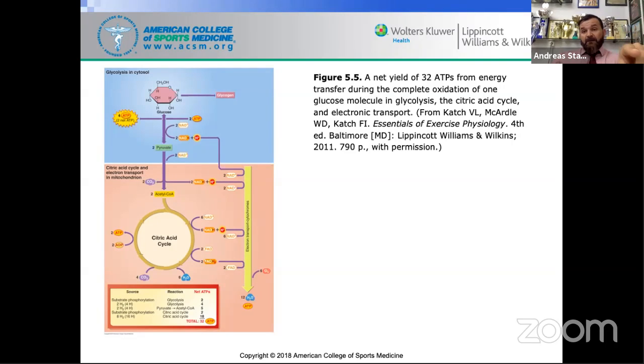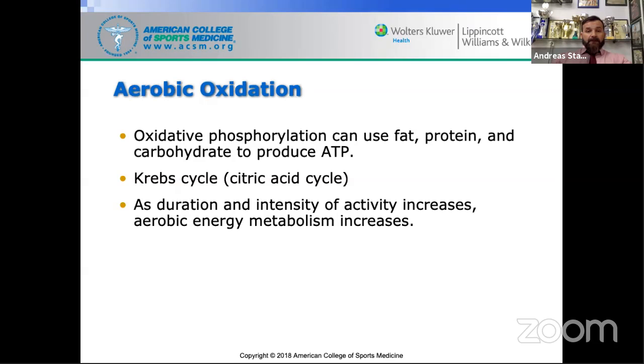This is our last option, and we use that if the duration is long enough that none of the other systems produced enough ATP for us to do. Cool. All right, so here we use all of them. It's called the Krebs cycle. And again, as I said, duration and intensity, of course, increase as we go into it.